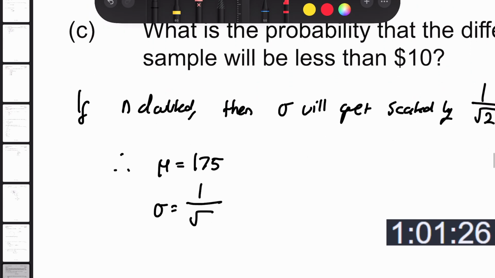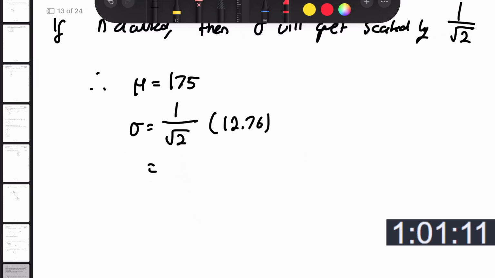So 1 on square root of 2 of 12.76 is 9.02.